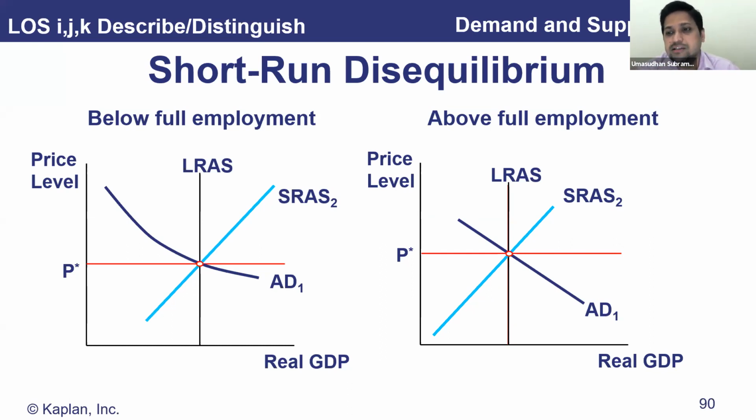In the short run, yes, it is possible. But is this possible in the long run? Yes or no? It is not possible in the long run. Why? Because your wages adjust on their own. As a result, your supply curve will be back to full employment GDP. Great slide, you've got to understand.